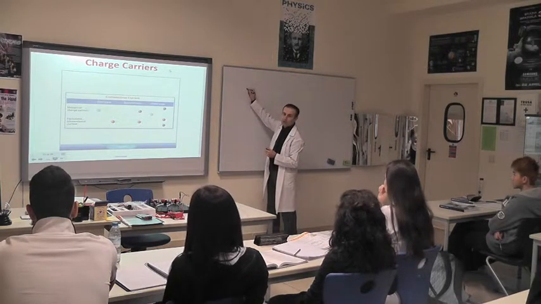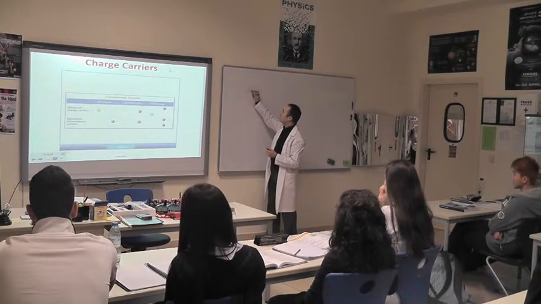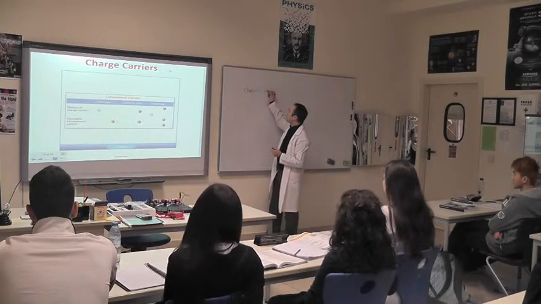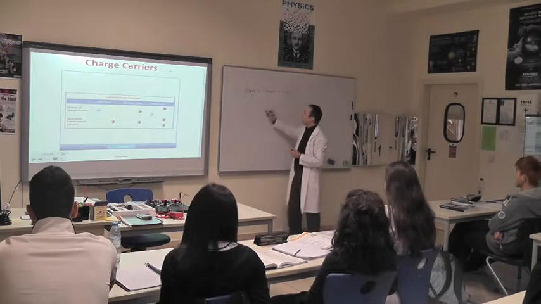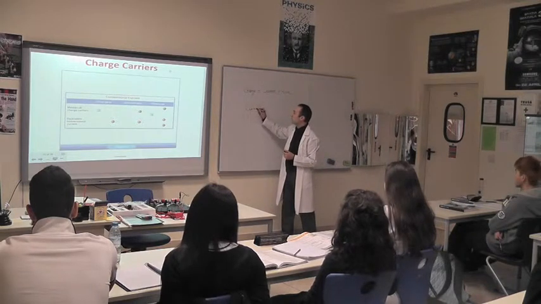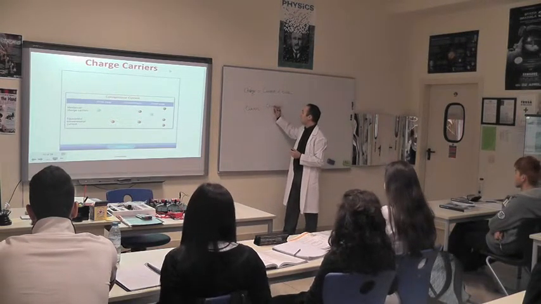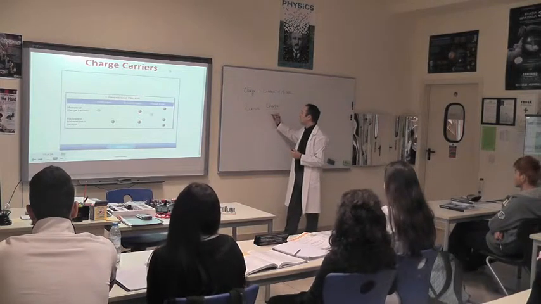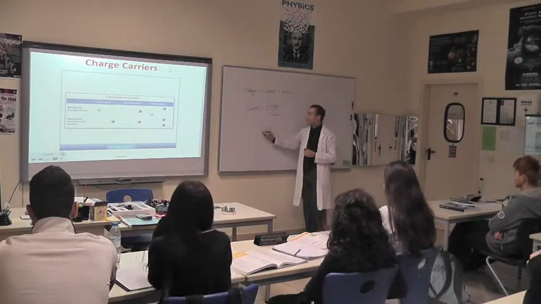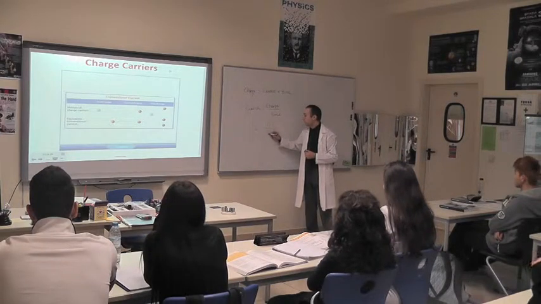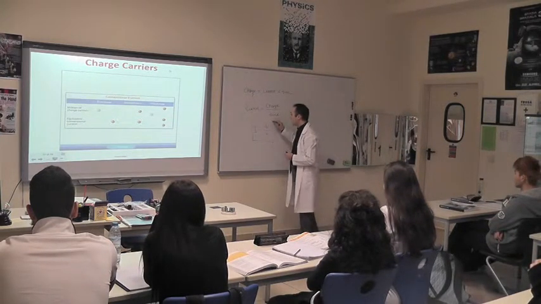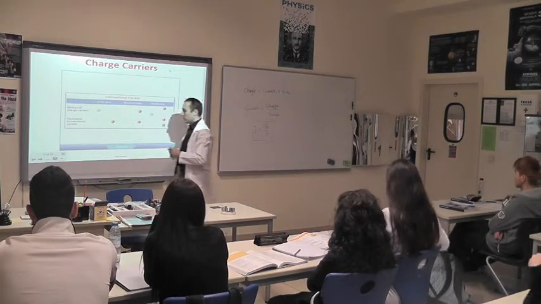Charge equals current times time. Or in other words, current equals charge over time. Right? In symbols, I equals Q over T. This was the equation we learned in the last lesson.